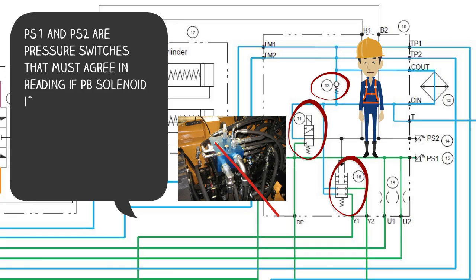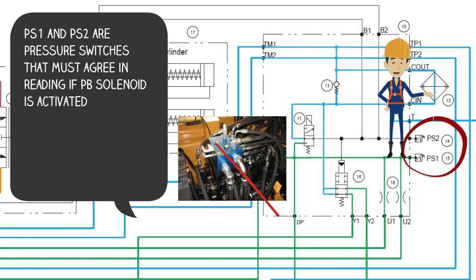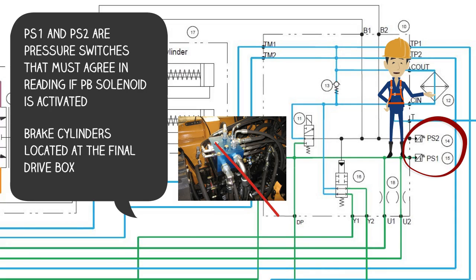PS1 and PS2 are pressure switches that must agree with their readings if the park brake solenoid is activated. If these two pressure sensors do not agree, a fault code will be shown on the AIC. The brake cylinders are located at the final drive box. Charge pressure leaves the multifunction valve at ports U1 and U2 and goes to drive motors.